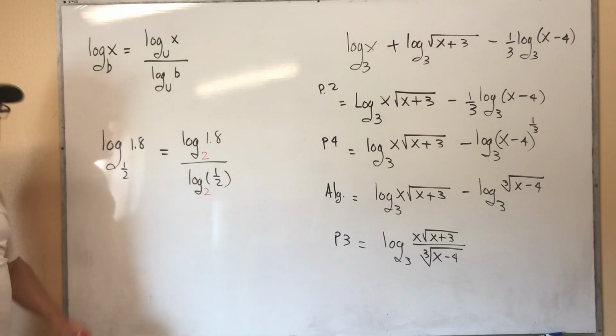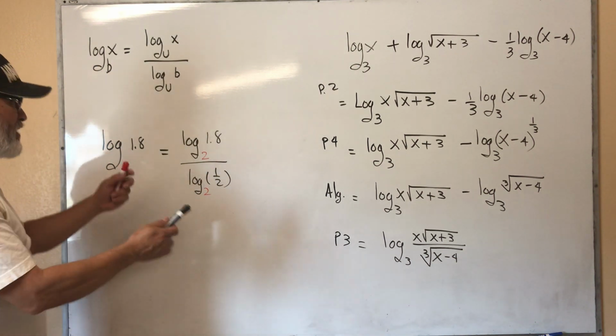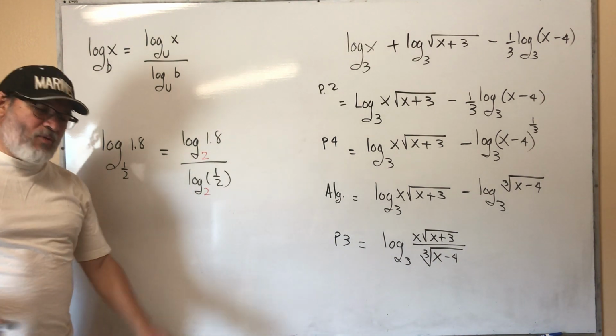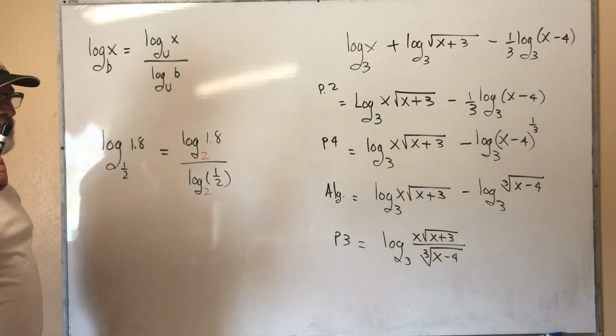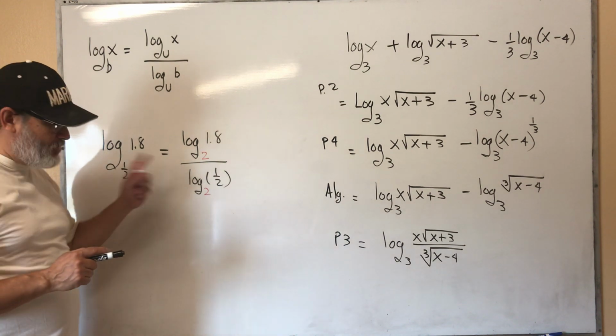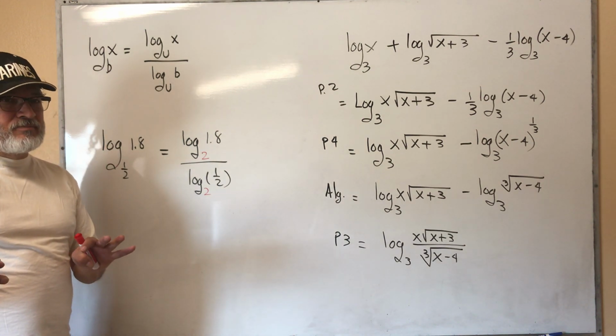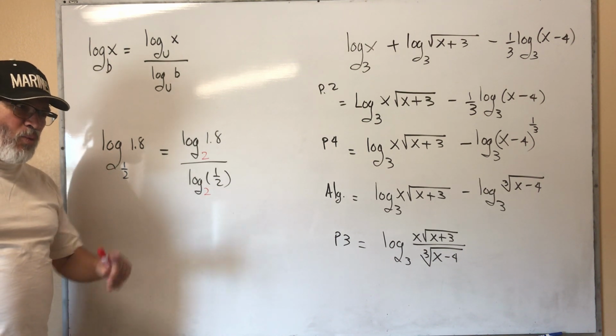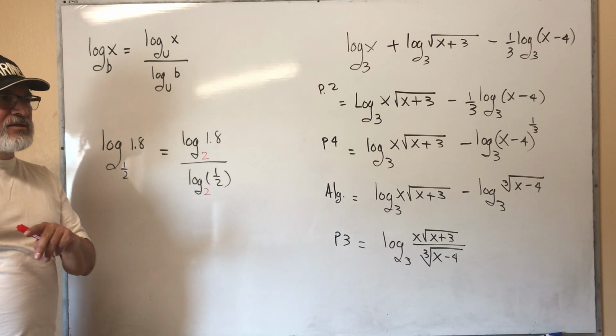Is this convenient? No. But theoretically, this is correct. Is it convenient? No. Why? Because most calculators do not have base 2. Some do. So therefore, you want to pick one of 2 bases.